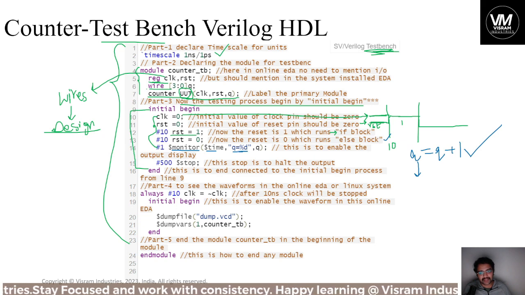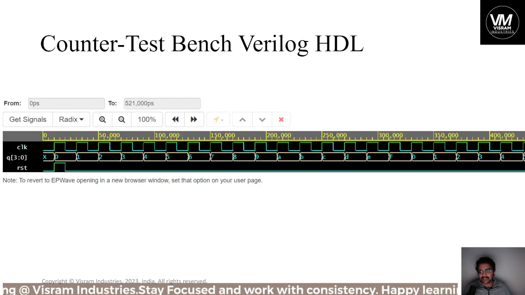This is a kind of representation for the output, and comma q will be whatever value of q you are getting in the else block; that q will be considered by the %d, decimal, and that output can be seen in this format: 0, 1, 2, 3, 4, 5, 6, 7, 8, A, B, C, D, E, F. Then again the count begins.